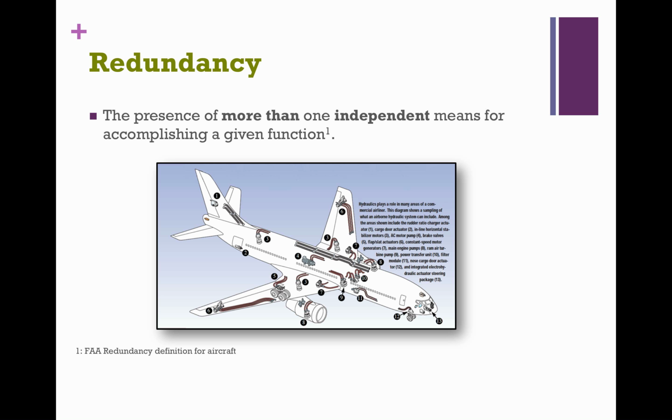You got to think to yourself, would it be smart to put the hydraulic lines far away from each other? Because if there's a fire in one area, it might cut through both of them. So that's definitely a consideration. But again, redundancy in our context means more than one independent way of doing something.